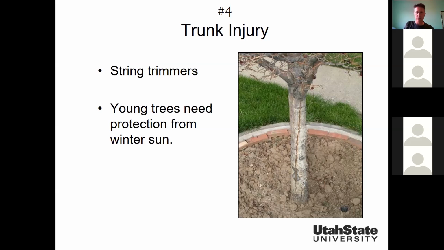Winter sun injury is particularly a problem on dark, thin barked trees, which includes all the fruit trees and all of their ornamental counterparts. So flowering cherries, flowering plums, all of those are dark with a thin bark. Cherry trees are especially prone to this, and ornamental cherries, it seems like even more so than the fruiting cherries.